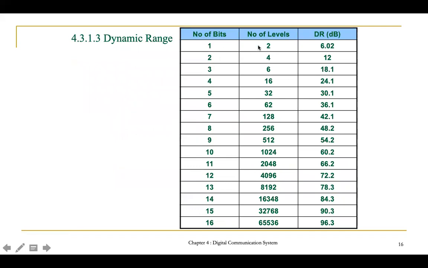You can calculate number of levels by using the formula L equals 2 to the power of n. Okay. And for the dynamic range, you can calculate using the previous formula, which is 2 to the power of n minus 1 equals the dynamic range.